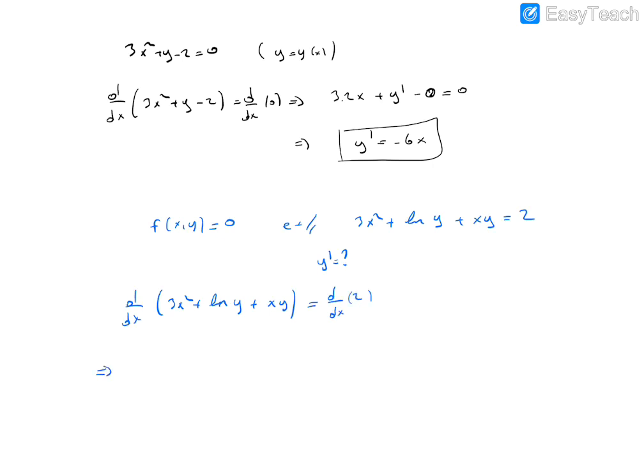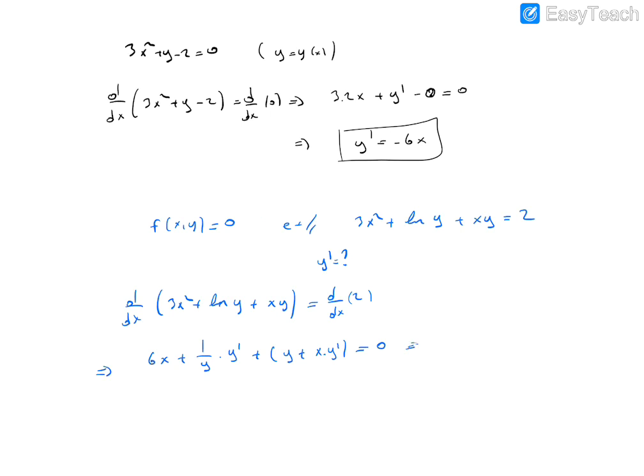So the derivative of the left hand side is 6x plus the derivative of ln y, which is 1 over y by the chain rule times the derivative of y. Plus, by the product rule, the derivative of x is 1 times the second function y plus the first function times the derivative of the second function. The right hand side is 0.